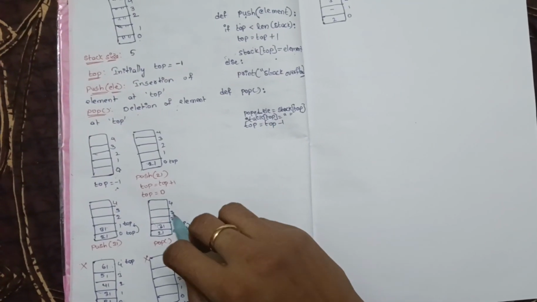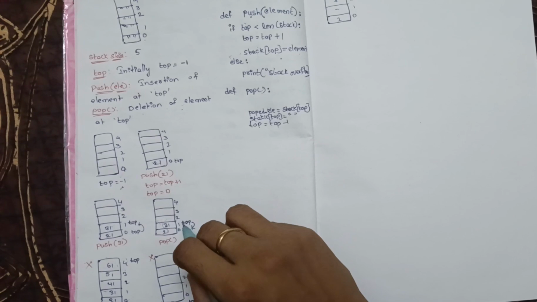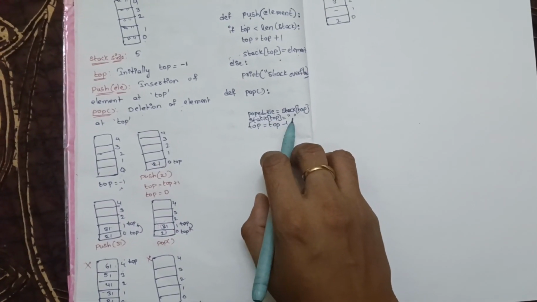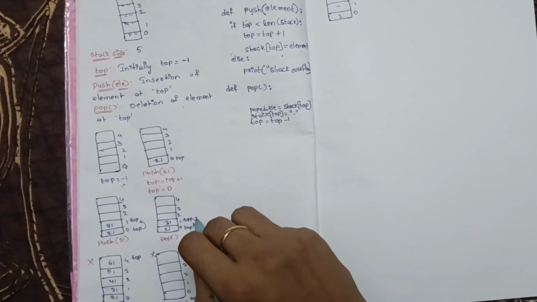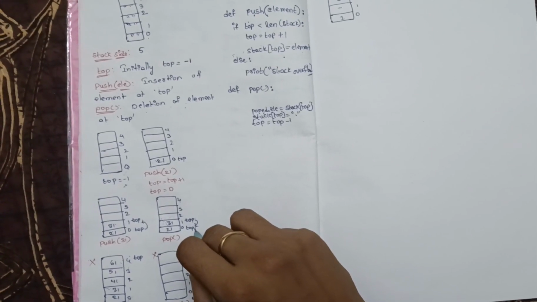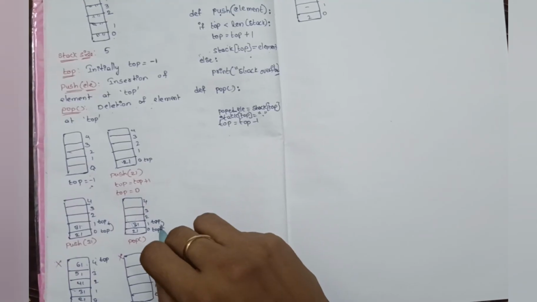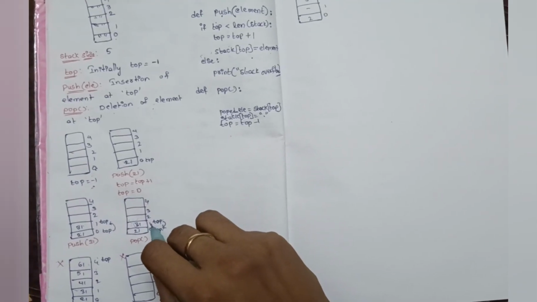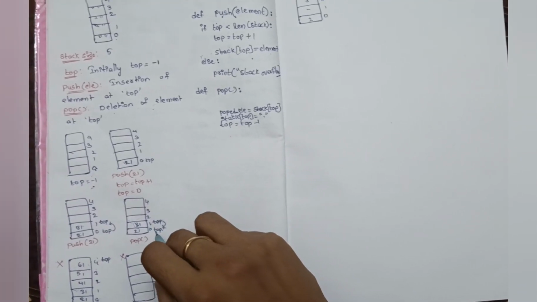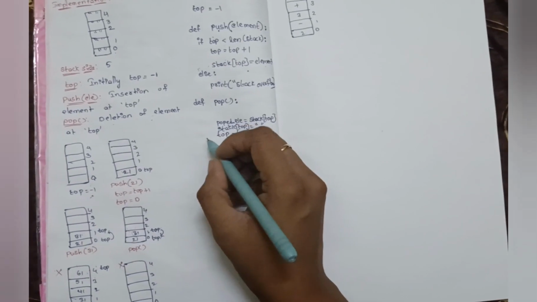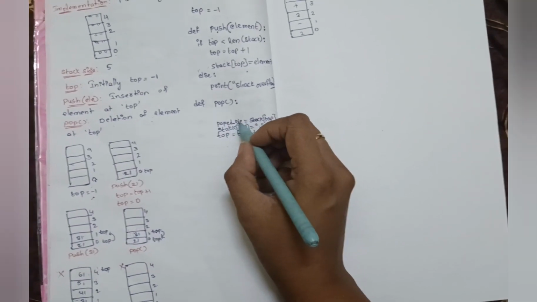After that, wherever top is, I assign that place the empty string, and I decrement the top to the previous position to let the user know that this is no longer the top position and this is the top position of the stack. Now after that, I would like to return this popped element.